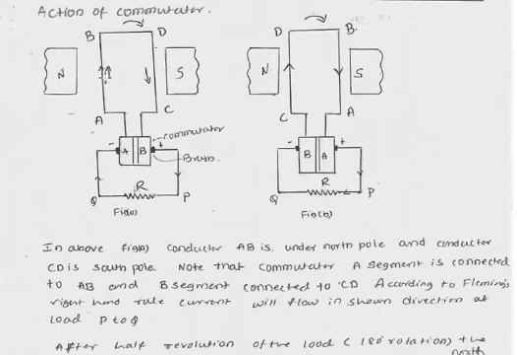And which way is the conductor moving? The conductor is moving upward, right? The thumb will represent the upward. Now the middle finger will show the direction of the current in this direction. Similarly, applying the right hand rule here, where the direction of motion is downwards, you will get the current like this.